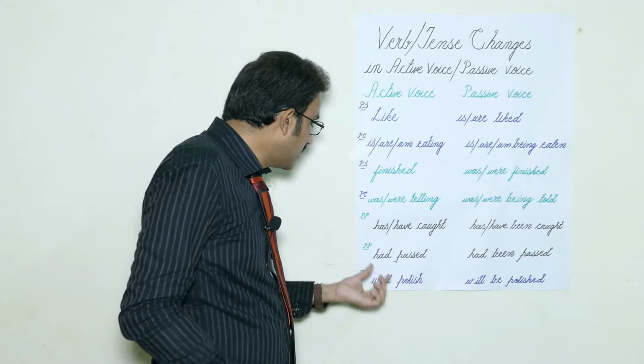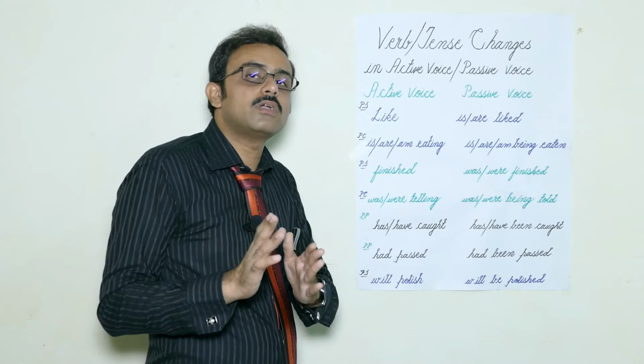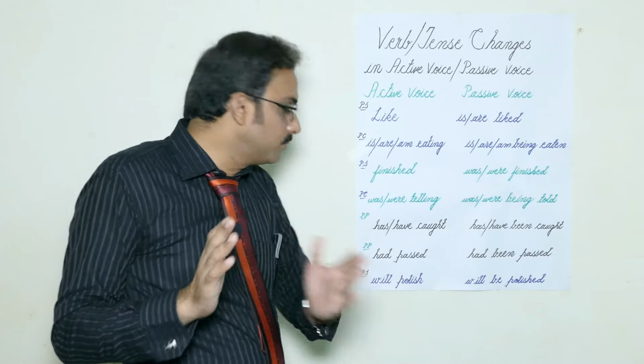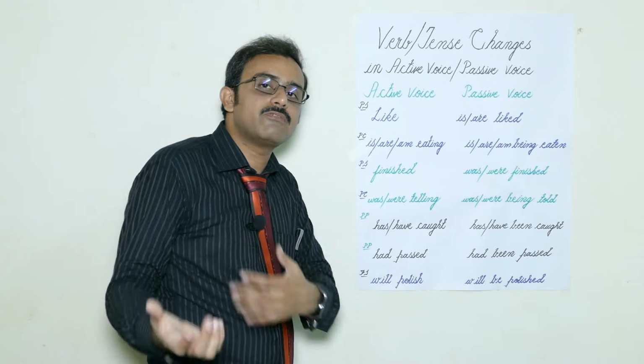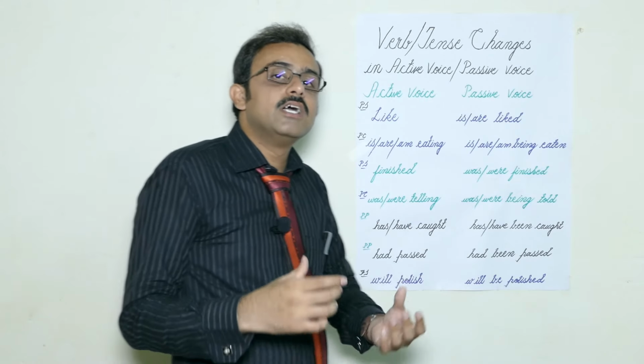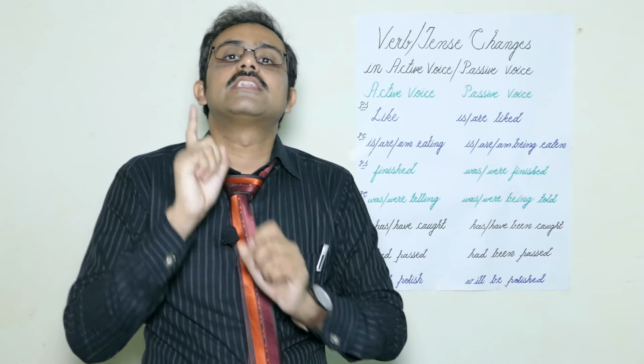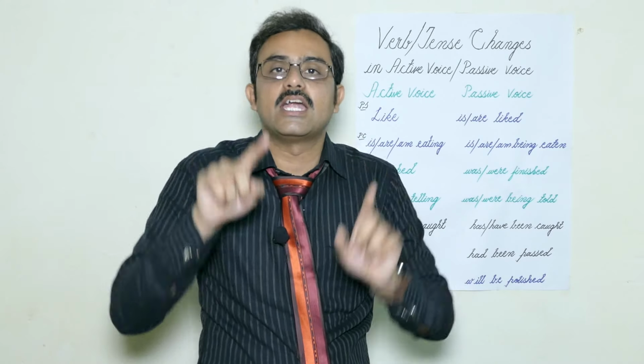Okay, now we have past perfect. What did I say? Now we are moving towards past perfect. Similarly, as we did present perfect, in past perfect we have only one auxiliary, and that auxiliary is had.